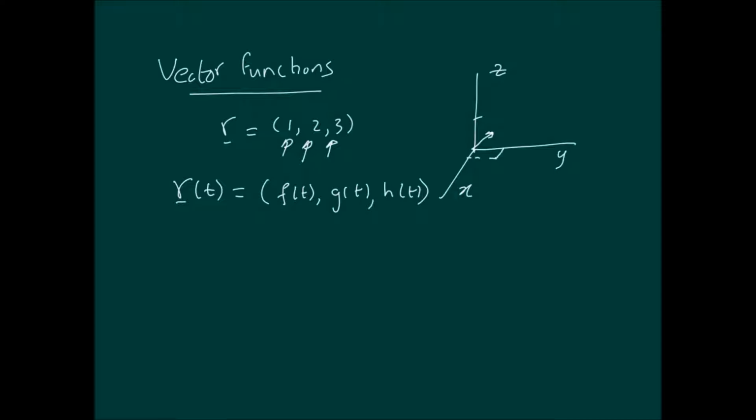So now look at the contrast between a position vector r and the vector function r of t. You will notice that instead of 3 numbers, now you have 3 functions. But what is interesting is that these are not completely independent of each other. They have a connection, and that connection is the independent variable t.